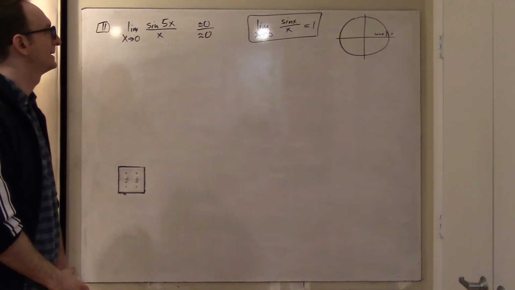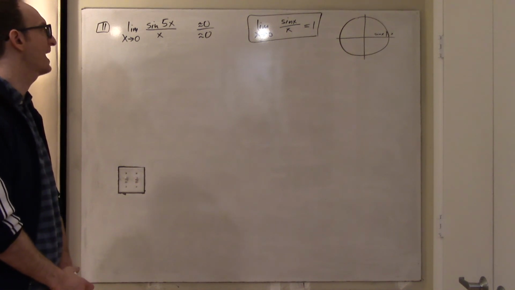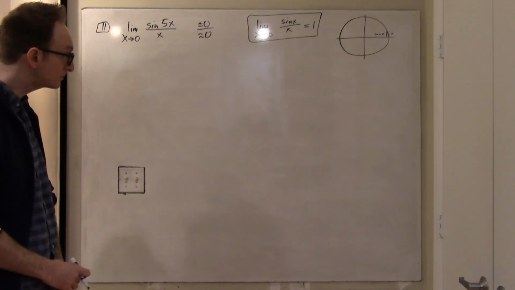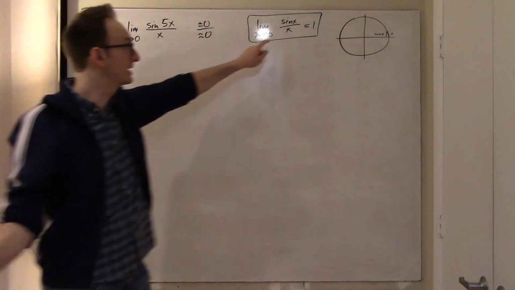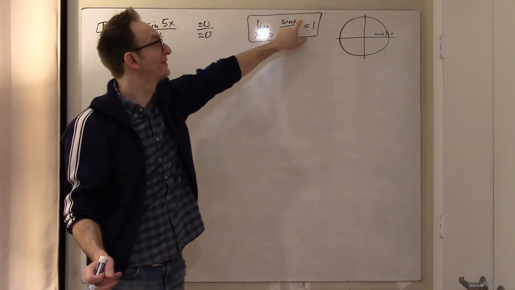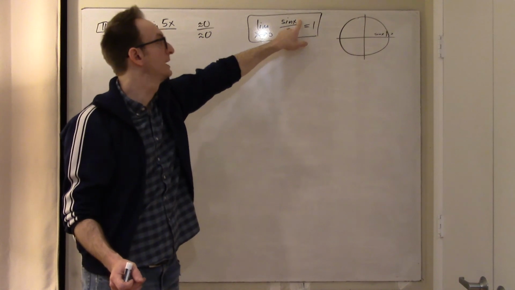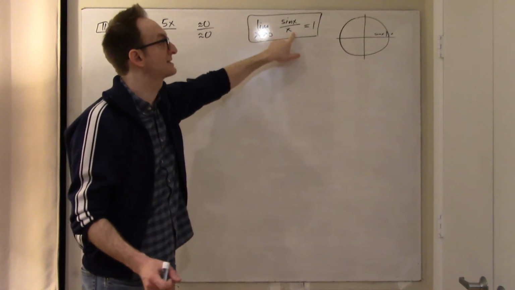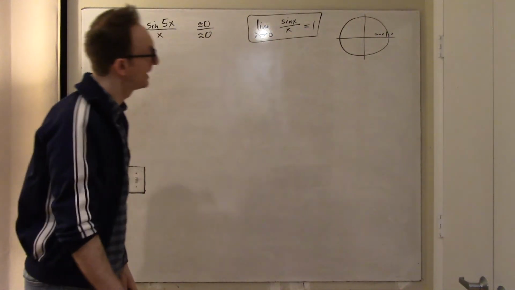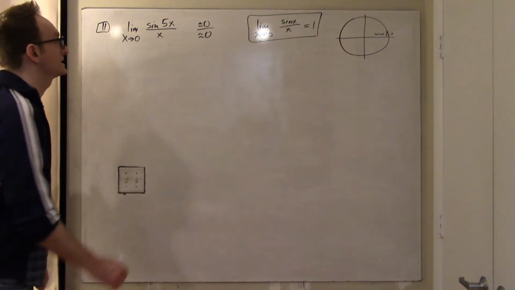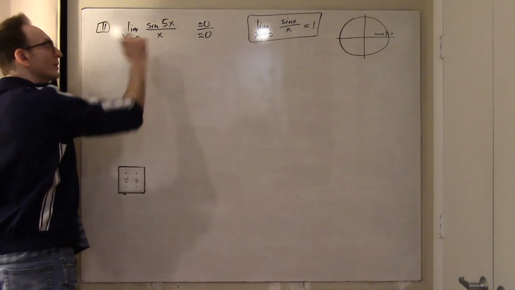Well, can I use this somehow? I think I can, because what this is really telling me is that the sine of some very tiny thing is basically just that tiny thing. So what I wished down here was that this were a 5.